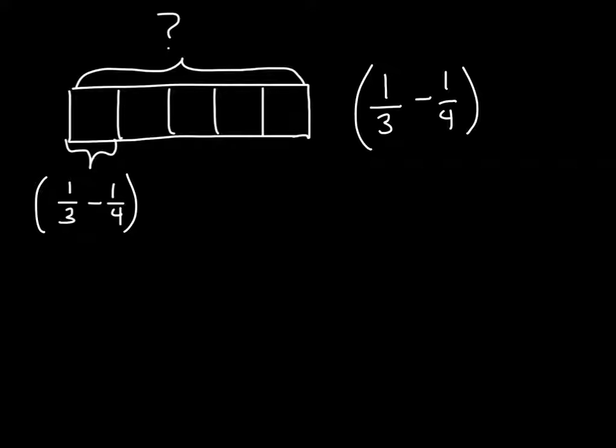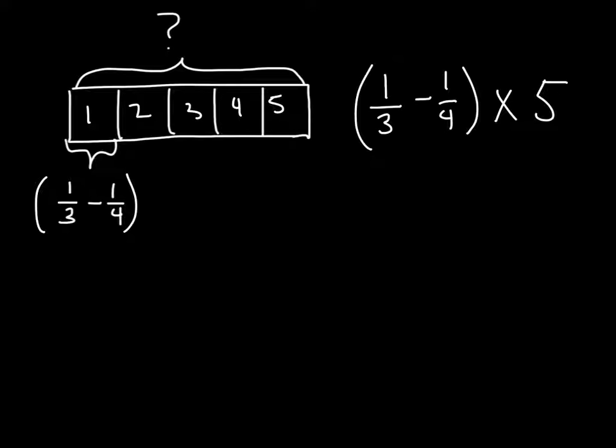And then I can see that there are 1, 2, 3, 4, 5 parts. So whatever 1/3 minus 1/4 turns out to be, I have to add that together 5 times or multiply by 5. So my expression will be (1/3 minus 1/4) times 5.